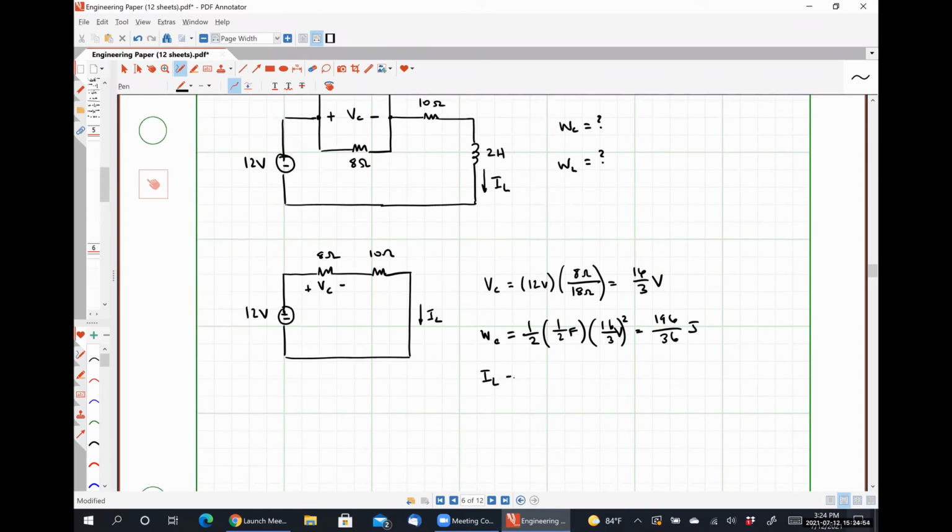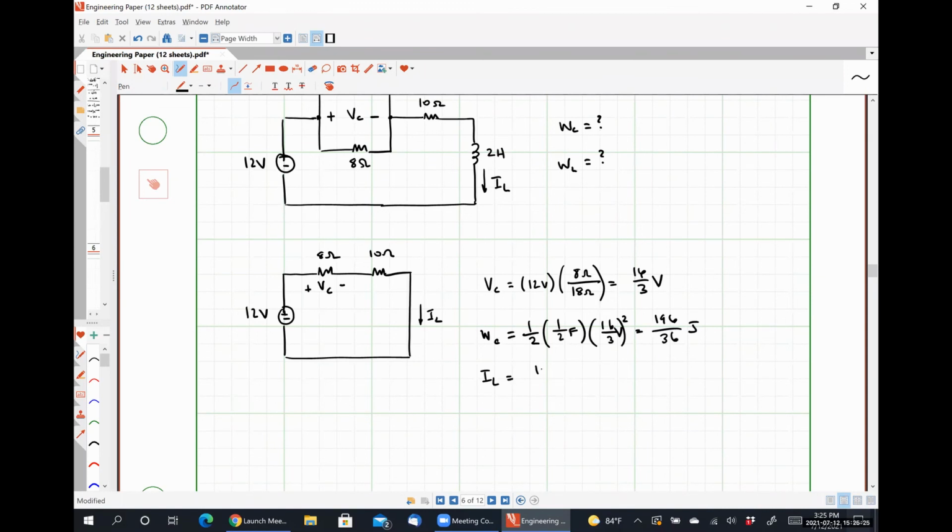Somebody else, tell me how I get my inductor current. You know the voltage VC, and you know that 8 ohm resistor, so you just find the current flowing through that. Since everything's in series, it should be the same. Okay, I would be slightly lazier than that personally.